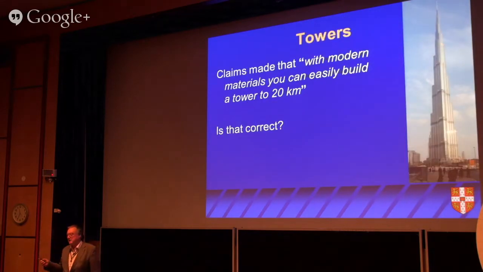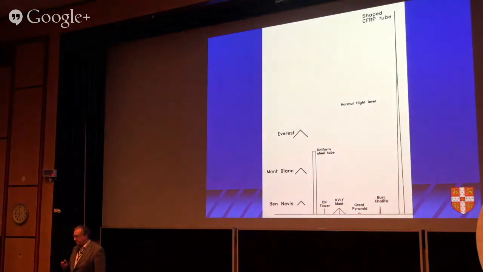And there were claims that, with modern materials, you can easily build a tower that's 20 kilometers tall. This is Burj Khalifa, which Hugh referred to. I've been up as far as they allow you to go to the observation deck, which is about there. Above this are exceedingly expensive flats. Anyway, it's an interesting structure.